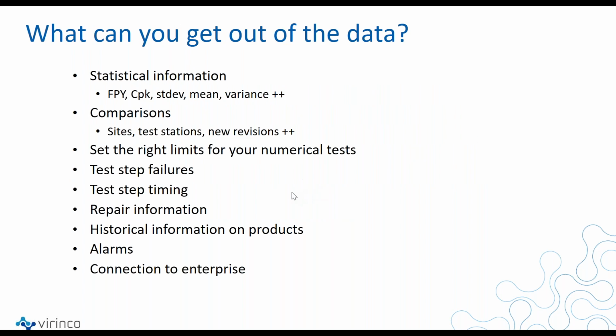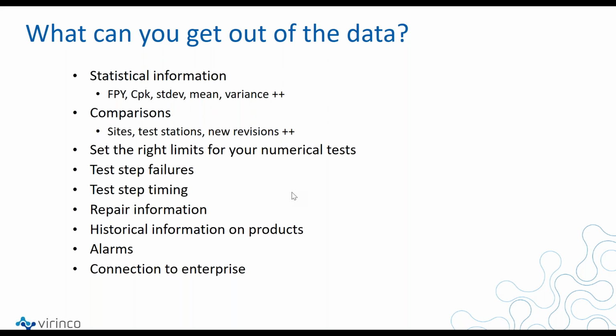So what can you get out of the data? There is statistical information that we calculate, for instance, first pass yield, CPKs, etc. There are methods of doing comparisons of the different sites, the different revisions, test stations, and so forth.